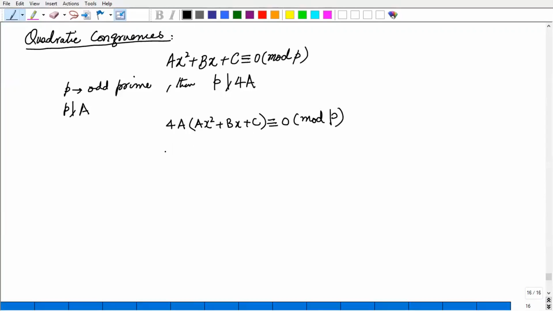Okay, so now look at this quadratic expression.